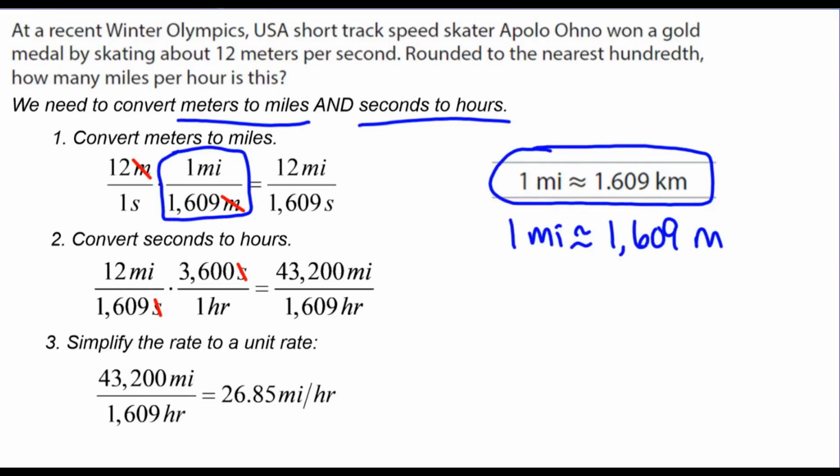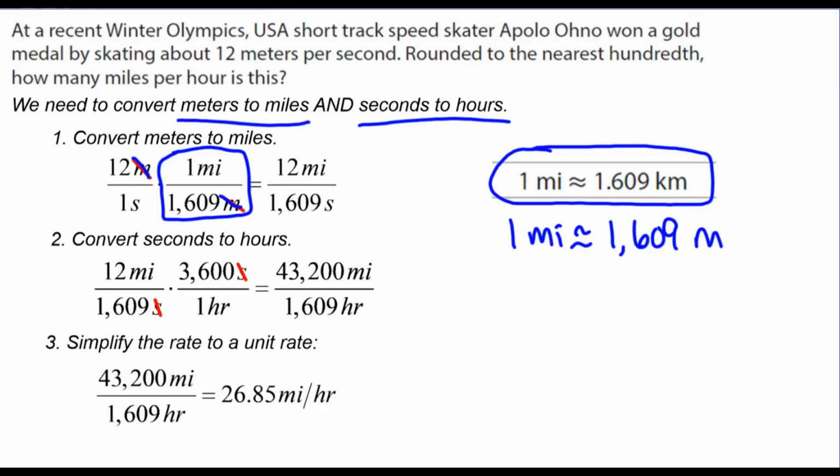So I took the 12 meters per second and multiplied it to convert my meters to miles. I put meters in the bottom so that it would cancel out with the meters in the numerator, leaving me miles in the numerator and seconds in the denominator. So that's 12 miles every 1,609 seconds. And then again, I need to convert seconds to hours.